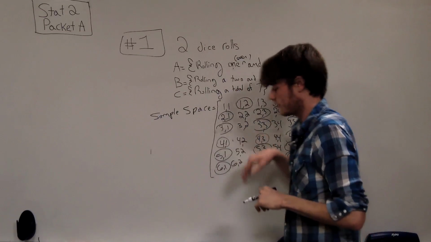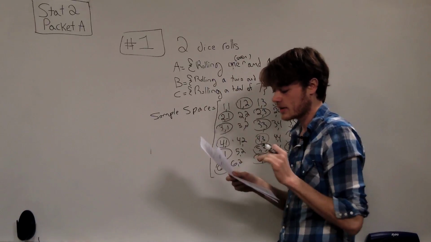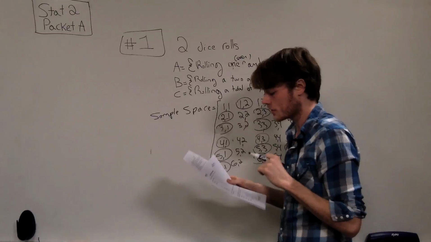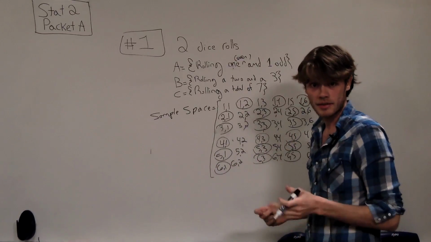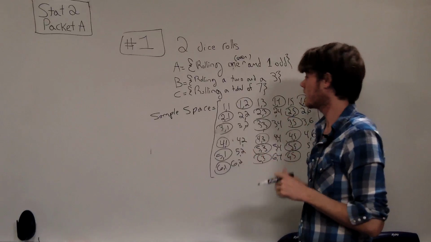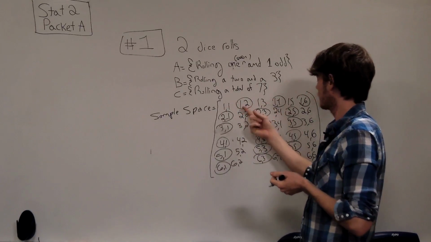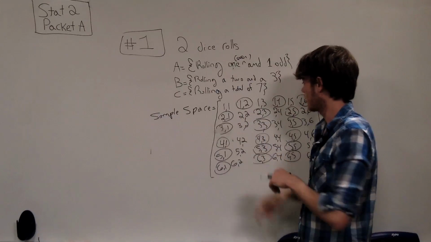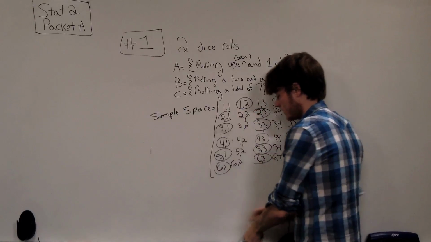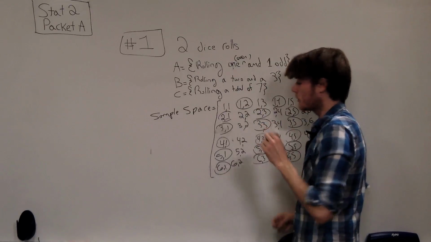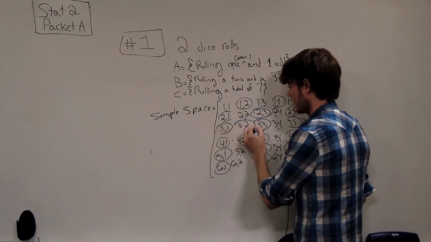I'm going to keep these circled because I don't want to rewrite them. Now the probability of B, rolling a 2 and a 3. Let's reference the sample space again. Which of these have a 2 and a 3 in them? Not this one, none of those. The ones that have a 2 and a 3 are this one and this one.